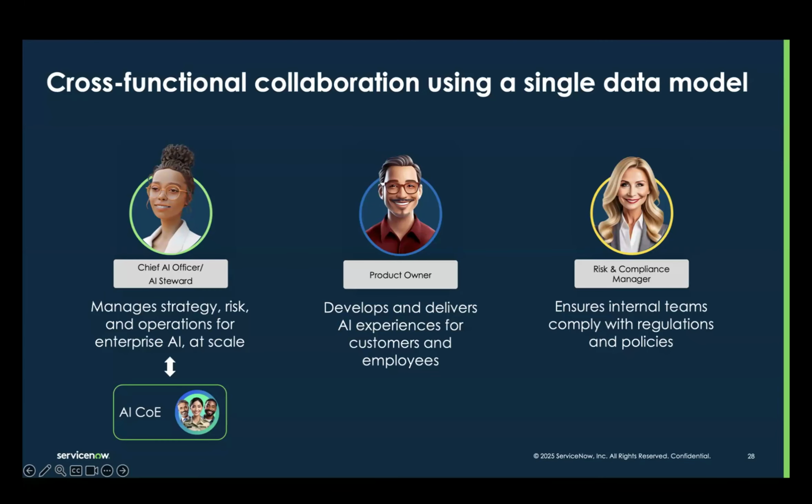So we have 3 primary key personas that play vital roles in managing AI throughout the enterprise using AICT, AI Control Tower. So we have the CAIO, the Chief AI Officer, who is responsible for the holistic AI governance process within an organization, along with the AI COE, Center of Excellence.